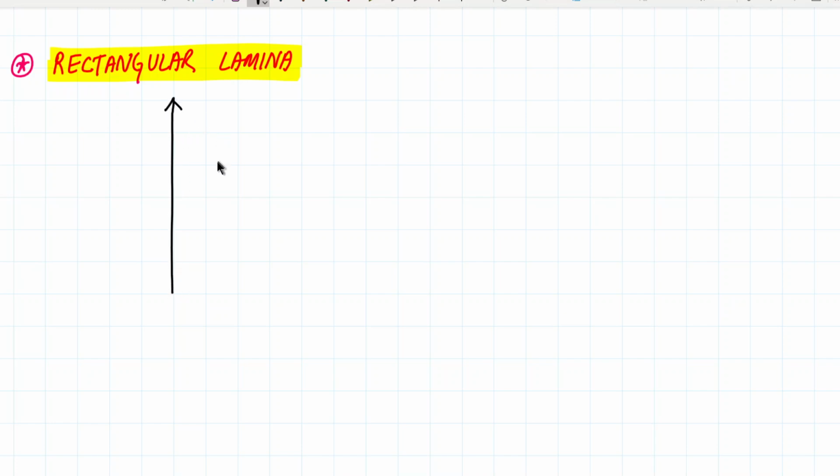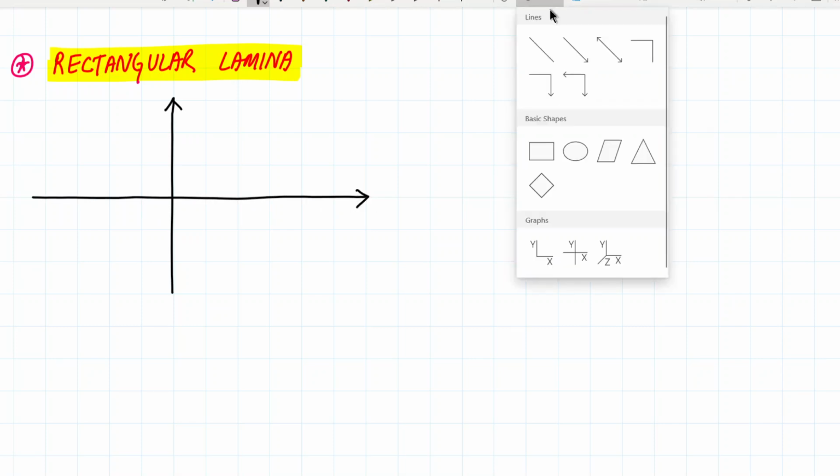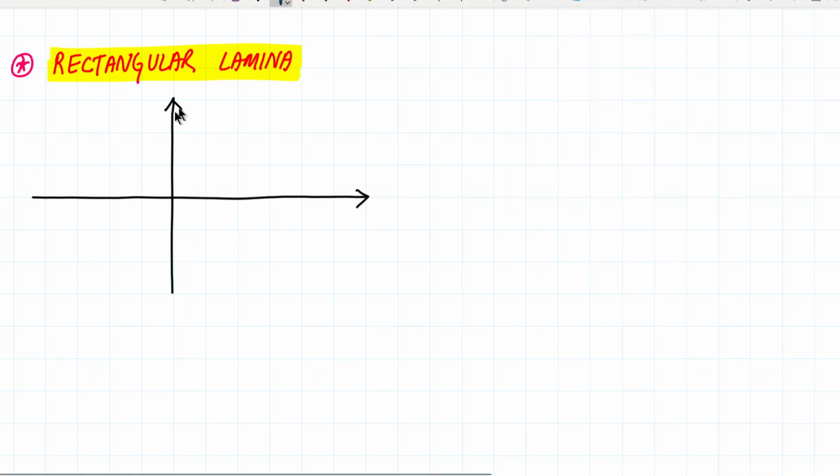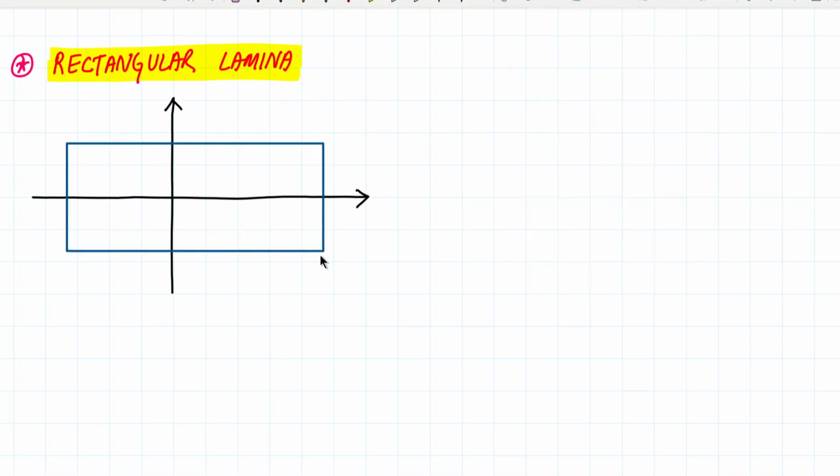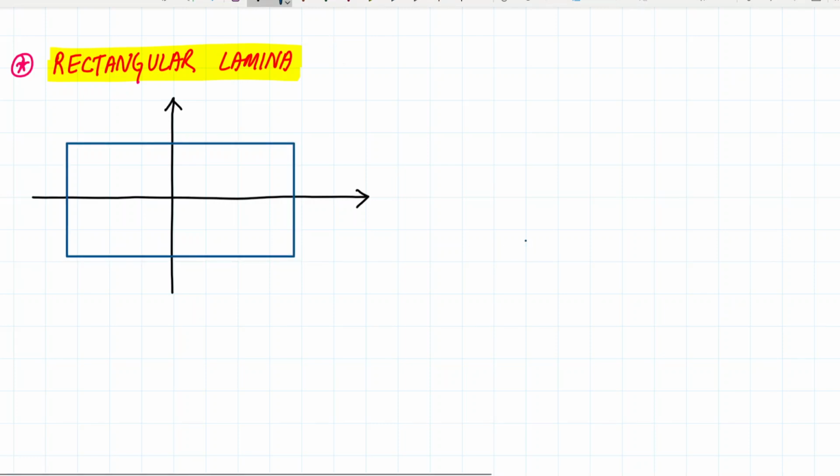So for a rectangular lamina, let me have an x and y axis. Let's suppose there is a rectangular lamina. Okay, so this is a rectangular lamina.